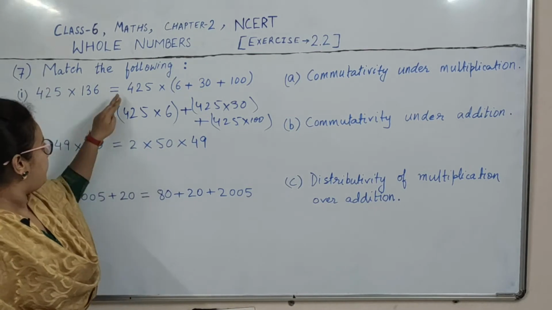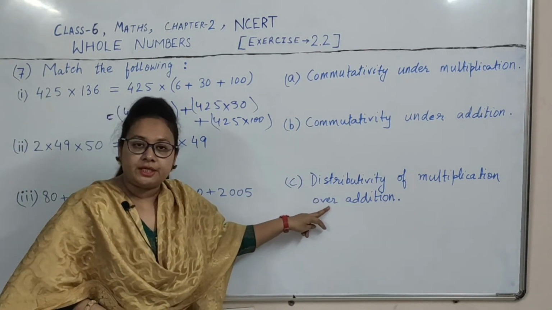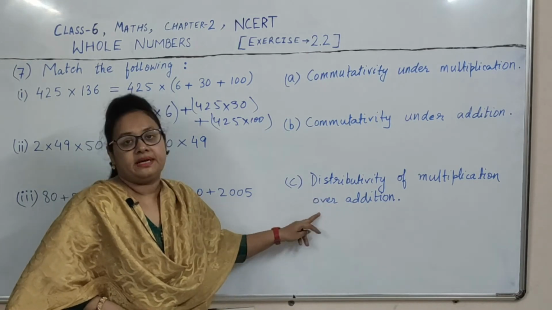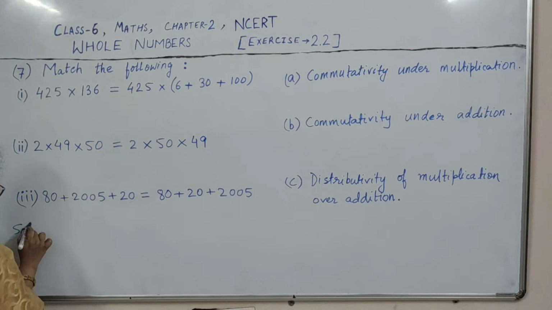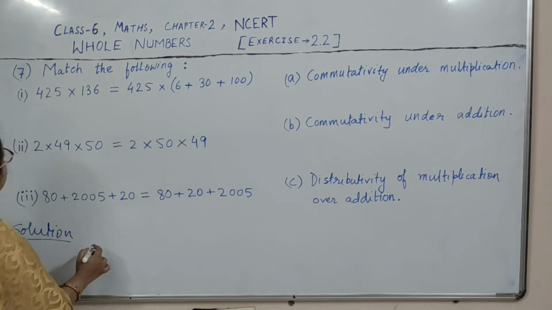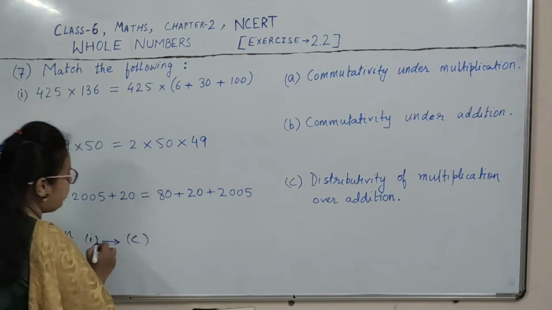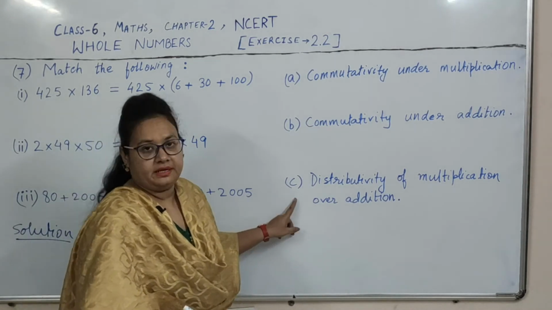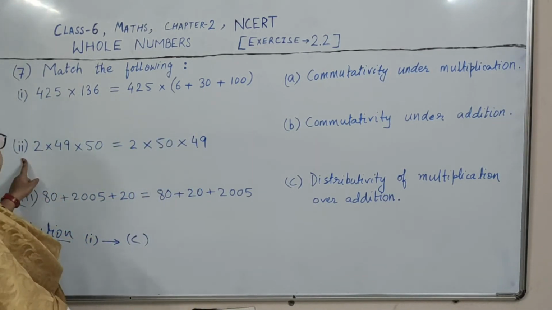So in this calculation, distributivity of multiplication over addition, this property is used. Okay, so the answer in calculation 1, the property used is the property written in C. So 1 matches with C.